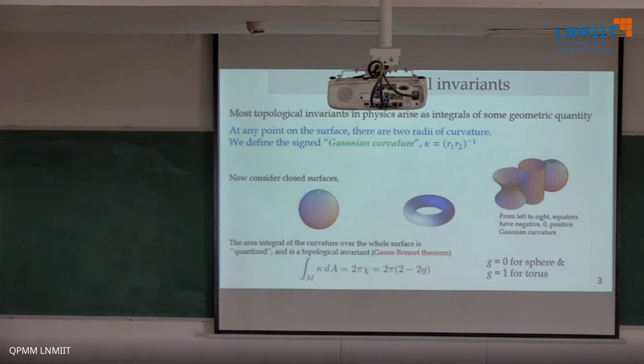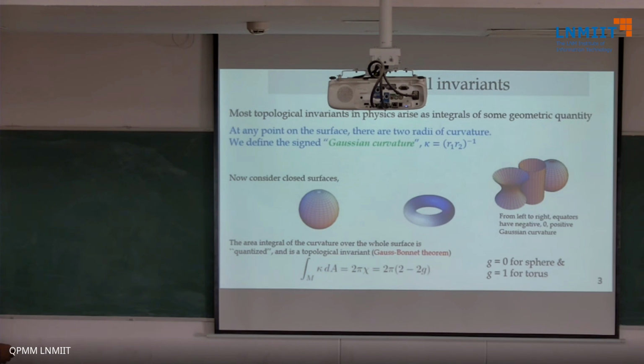We just need to calculate the Berry curvature and integrate it over the entire Brillouin zone. If you get a finite number, then it's topologically non-trivial. If you get 0, then of course it's topologically trivial. So if genus G is equal to 1, you get 0.